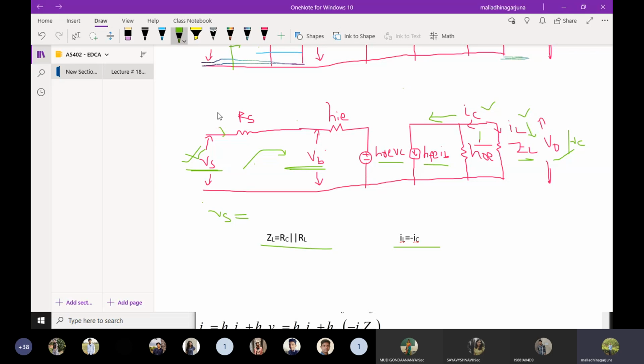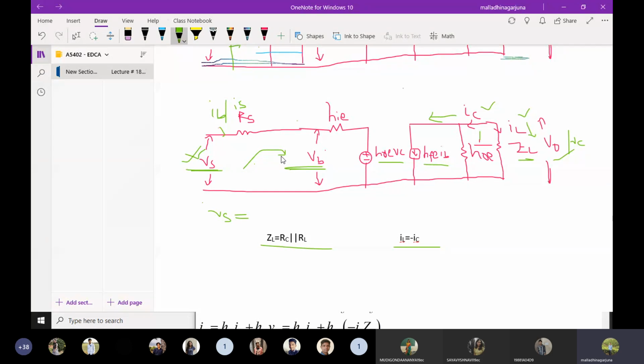Both are in series, no? So in this case, IB or IS both are the same. You can represent it with the source current or the base current, because the source resistance and hie are both in series. In a series connection the current is the same; only the voltage will be different. So the input current you can represent with either IB or IS. There is no big change.